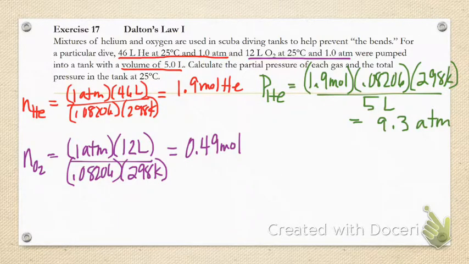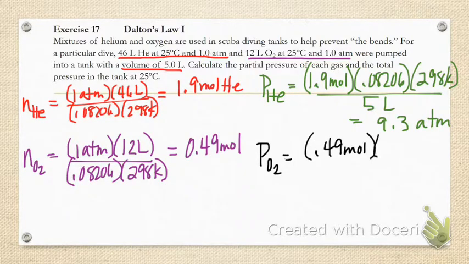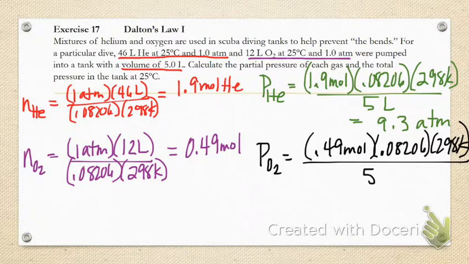Now we want to do the same thing and find the new pressure of oxygen with the new volume. So that was 0.49 moles, 0.08206, 298 K, and then 5 liters.